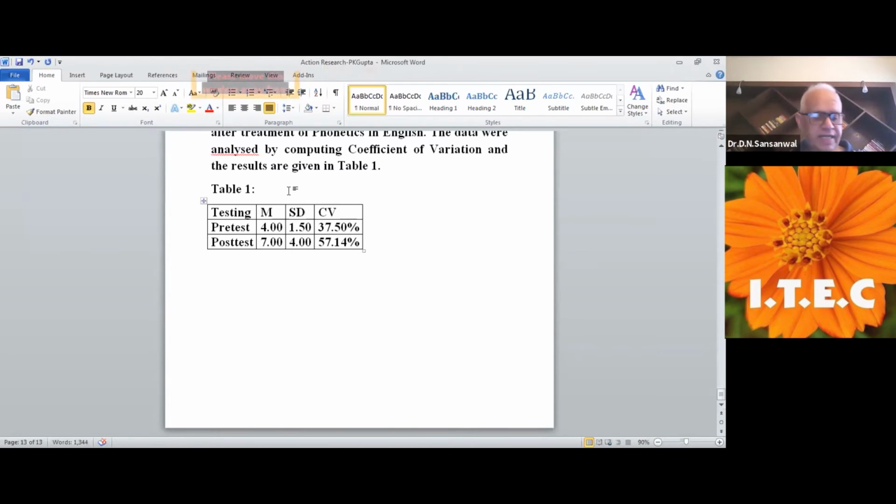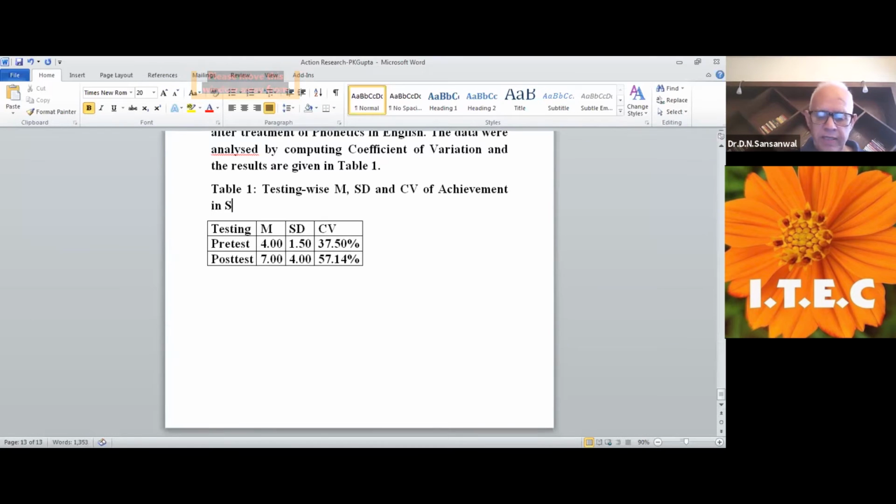And then here I say testing wise mean, SD, and CV, and CV of achievement in spelling of students. I hope this is how you can make the table, absolutely no problem.